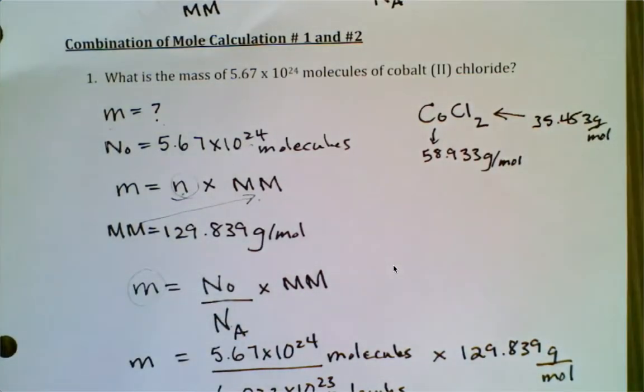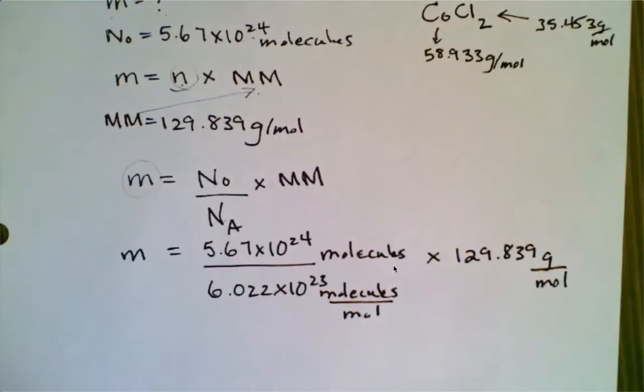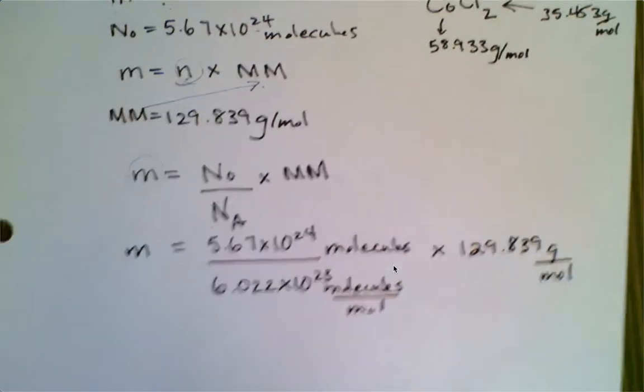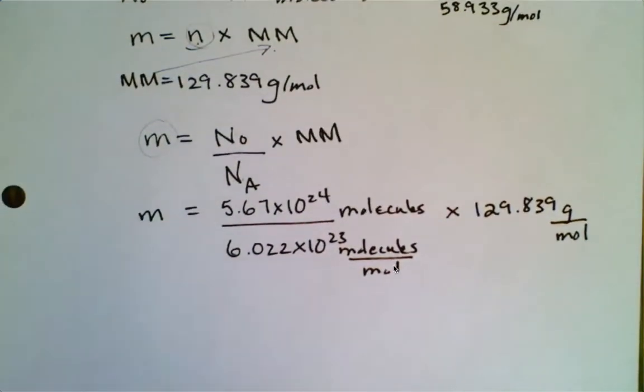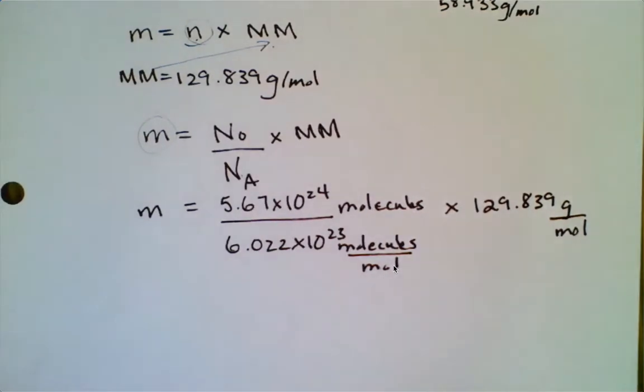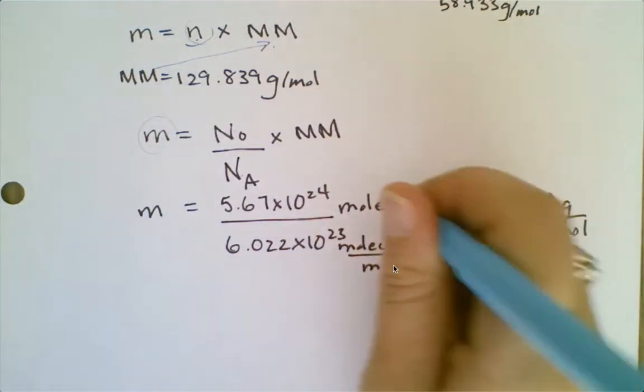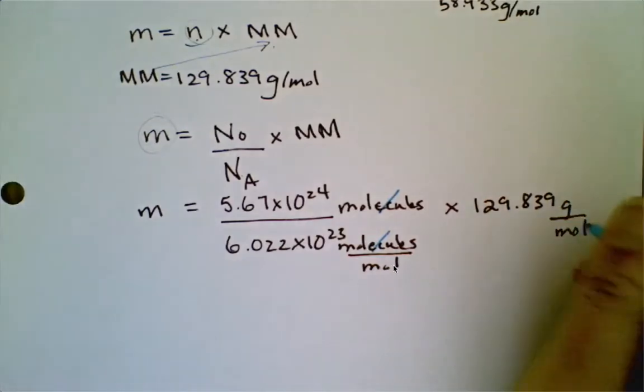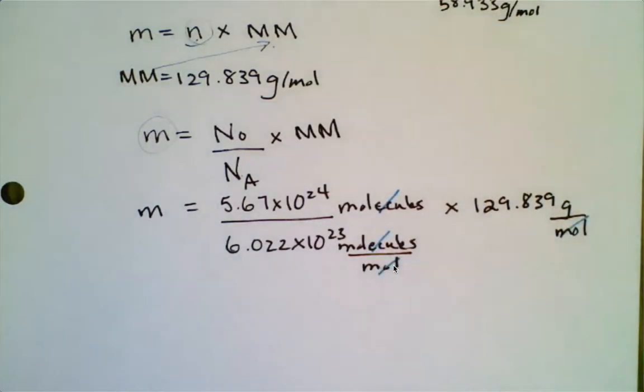Mass is the variable that I'm solving for. I do like to see you include the variable to the left of the equal sign. When we take a look at what units cancel out, molecules cancel out, moles cancel out, and you're left with grams. And so you know that you're solving for the right variable when the units match.